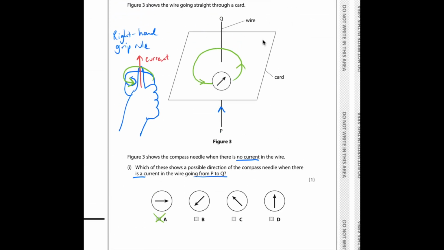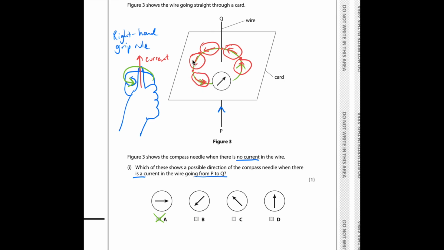What they'll need to do, if you're using the same compass, is move the compass over to here and turn the current on, and then you'll see which way the compass is pointing, and then move the compass to where the needle's just been pointing and find out which way it's going again, and keep on moving the compass and keep on putting a dot which way the compass is pointing, move the compass to the dot, then draw another dot, and keep on going.